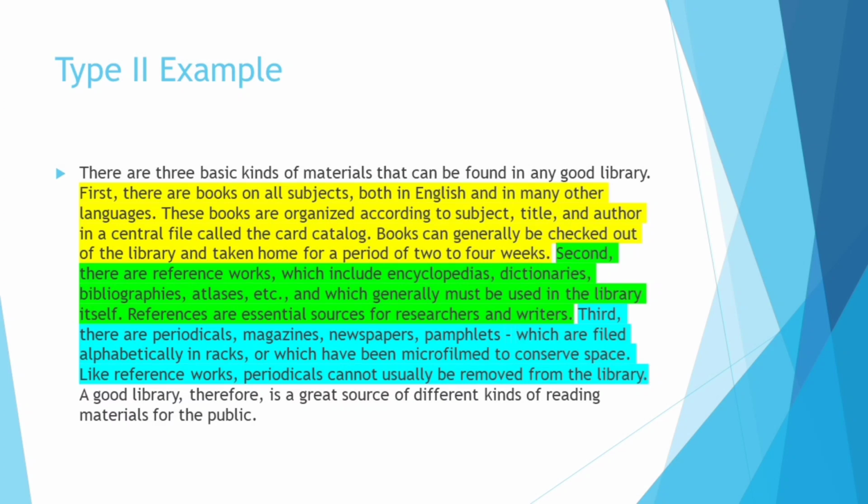And then you're introducing periodicals. We're using a variety of different support tools here, like examples or facts or details, so on and so forth. And notice that almost always the amount of information that you give should be balanced. The 3 parts that we have here, they are almost of the same size.